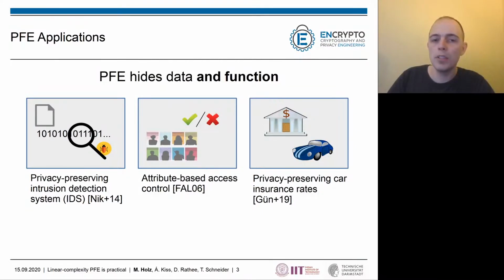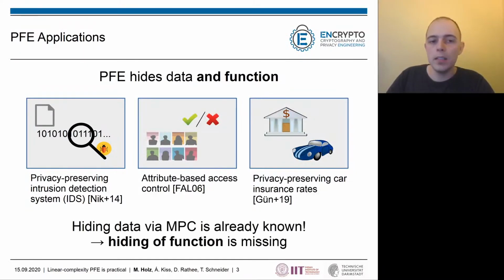And the insurance company doesn't want to reveal the functionality of their insurance rate computation. So here we have exactly the setting of one party having some private data and the other party having some private function, and they want to evaluate the private function on the private data without either party learning the inputs of the other.